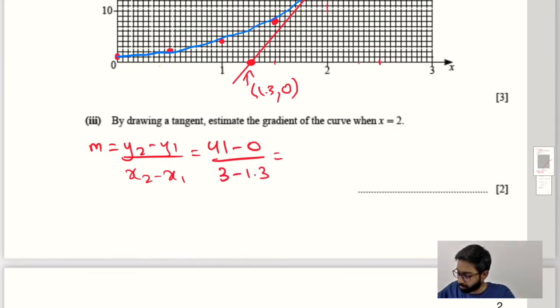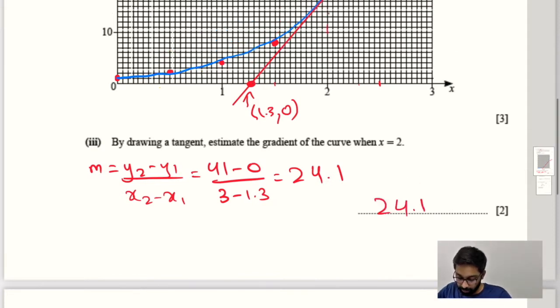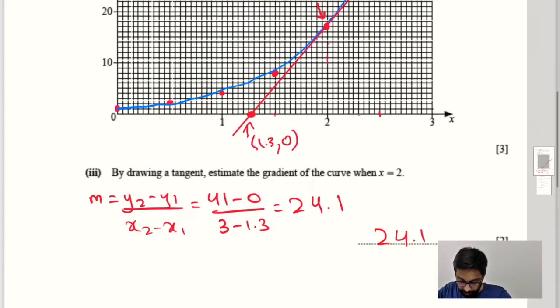Okay, let's plug this into the calculator. 41 over 3 minus 1.3. The gradient that we get is 24.1. I hope this is visible and this may be correct. 24.1, that is your gradient. I have written it over there. Let's move on.